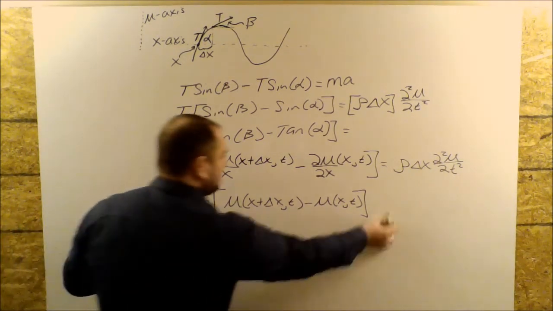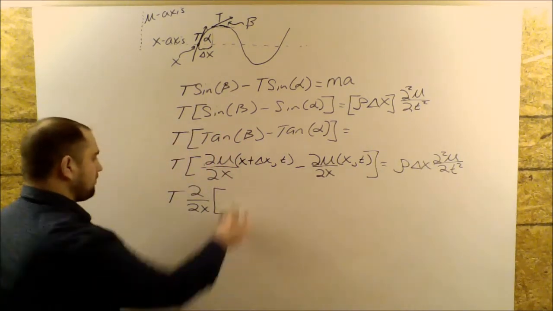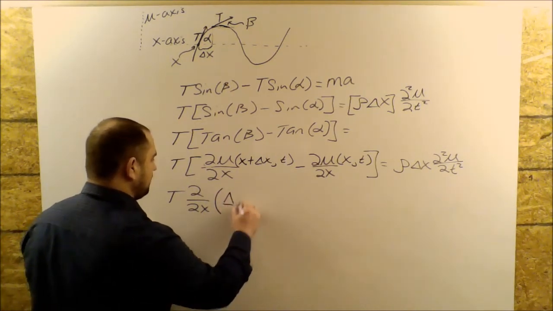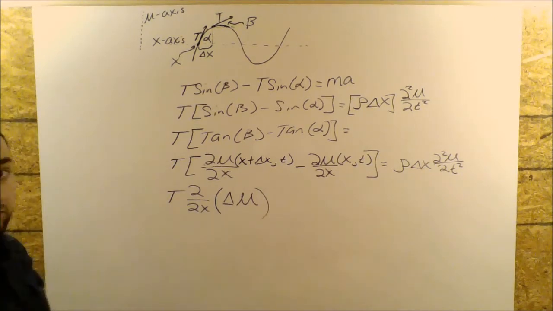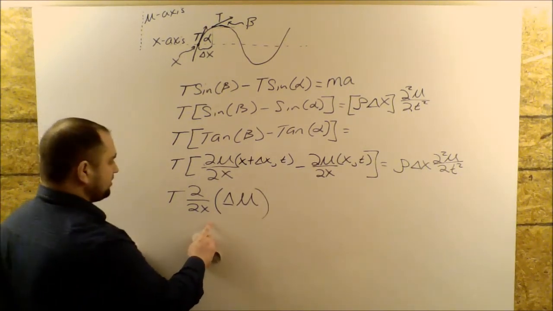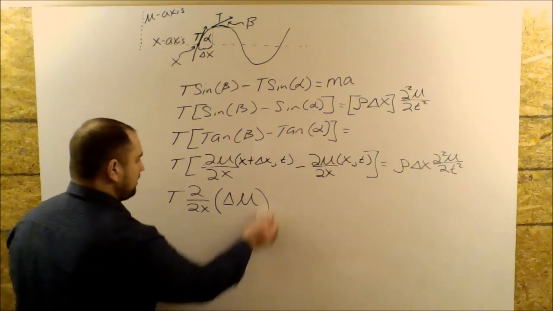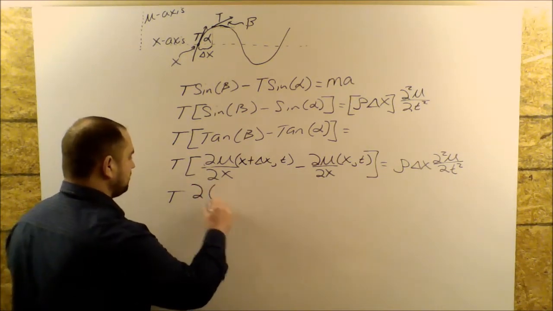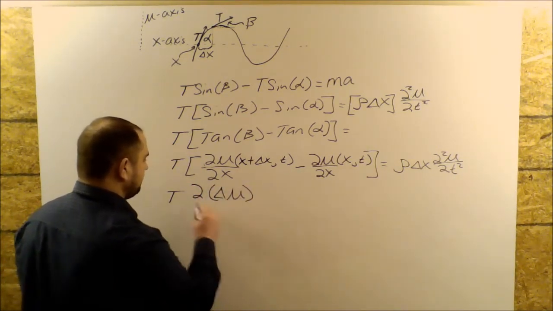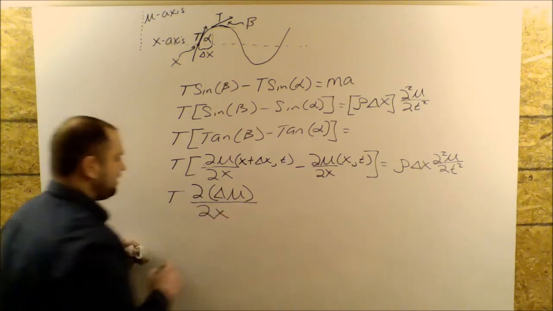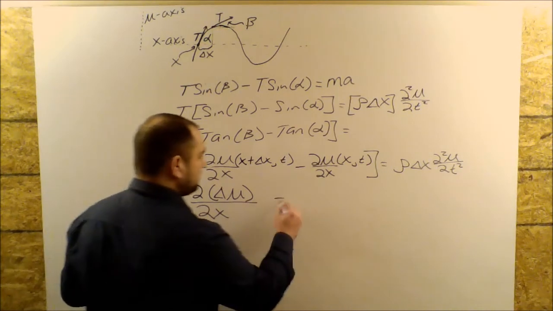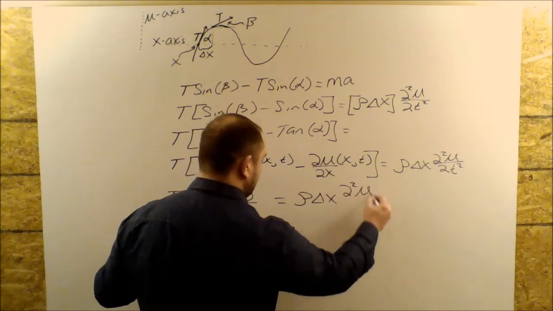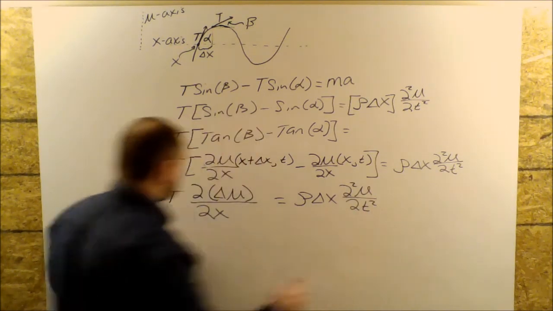And so I can replace it with just delta u. Now, I'm going to actually rewrite this in a little bit different form. Let's write it as partial delta u over partial x. And this is equal to rho delta x partial squared u over partial t squared.